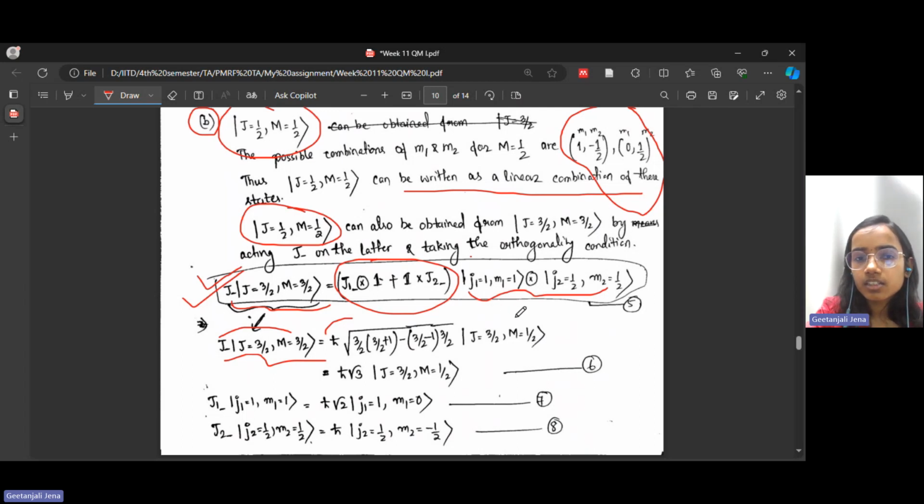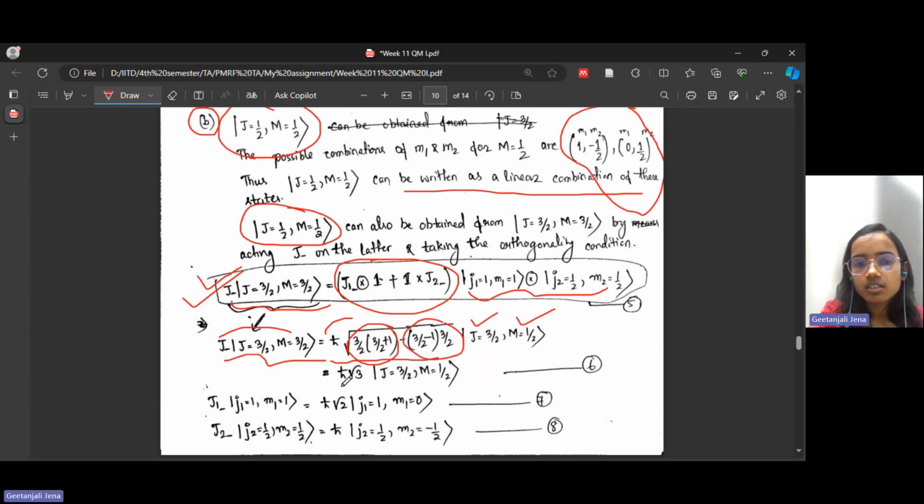So you will get M equal to half here, and J will remain unchanged, and there will be a normalization coefficient, which is h-bar root over J into J plus 1 minus M into M minus 1. So J is 3 by 2, M is 3 by 2, so we will get 3 by 2 into 3 by 2 plus 1 minus 3 by 2 into 3 by 2 minus 1.